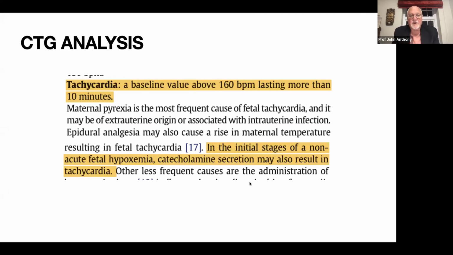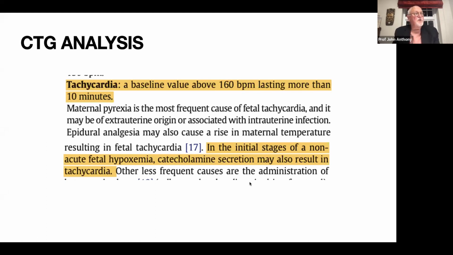And the tachycardia, for example, is a baseline value above 160 beats per minute lasting for more than 10 minutes. And throughout all these classifications, you will see there's specification of a threshold, more than 160, and a duration, more than 10 minutes. So tachycardia is 160 for more than 10 minutes.